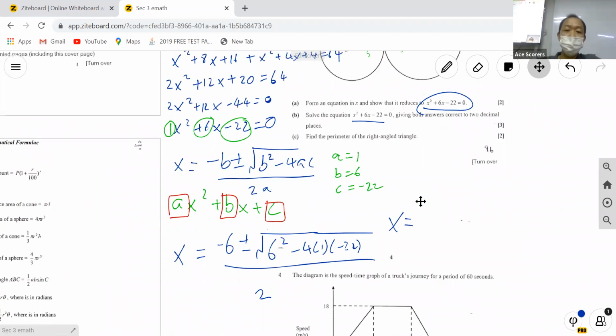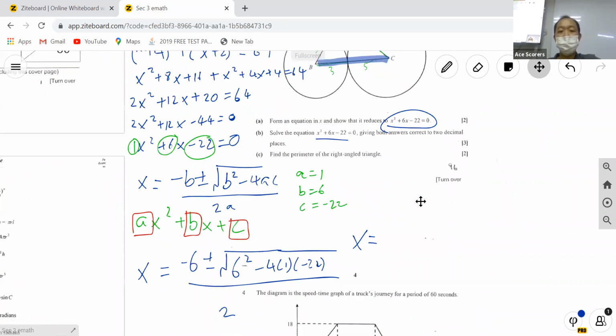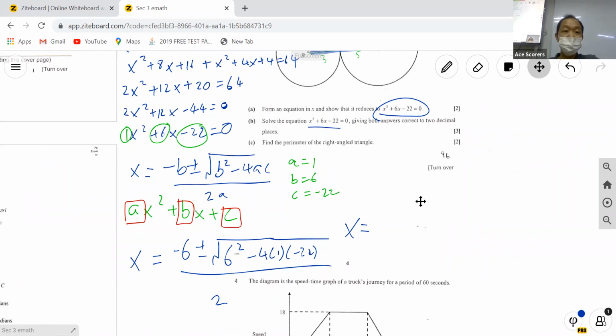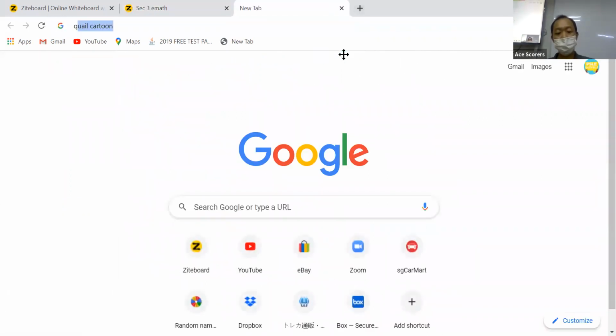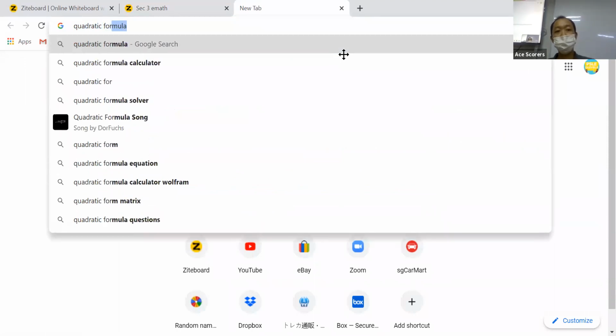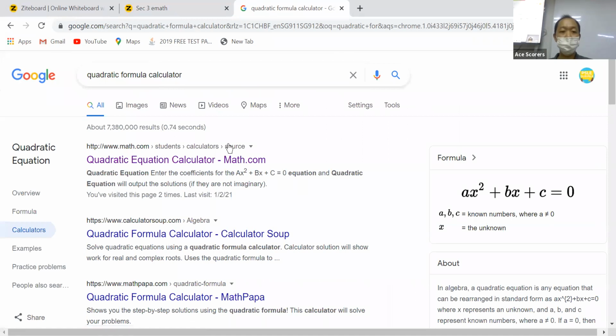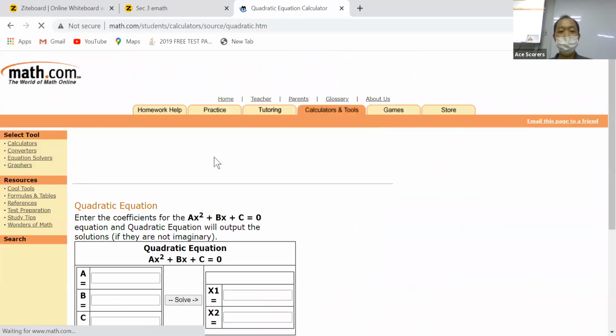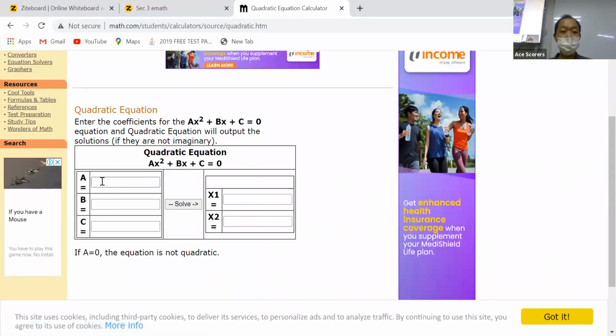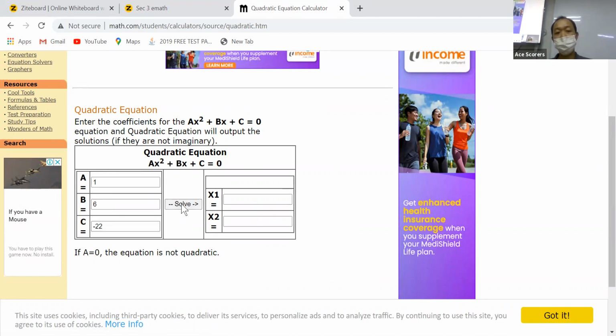So there'll be one x that is not useful. Okay, so let's find the one. If you have your handphone, you can do this as well on the calculator. So a equals 1, b equals 6, c equals negative 2. Solve.